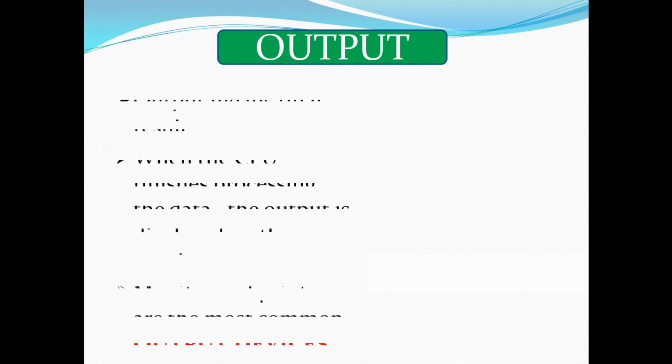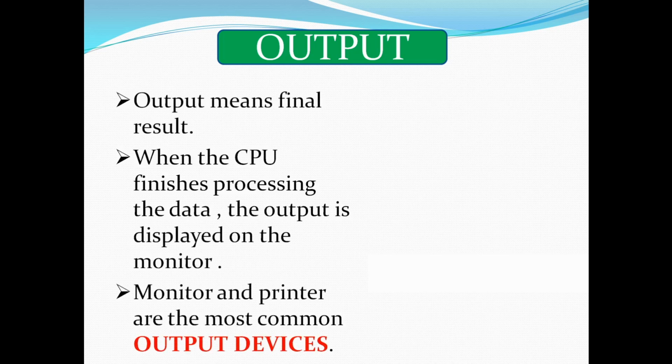The last one of the IPO cycle is output. Output means final result. When the CPU finishes processing the data, the output is displayed on the monitor.